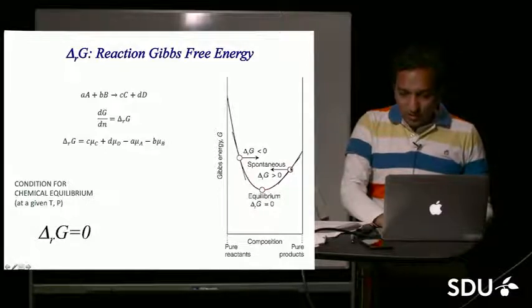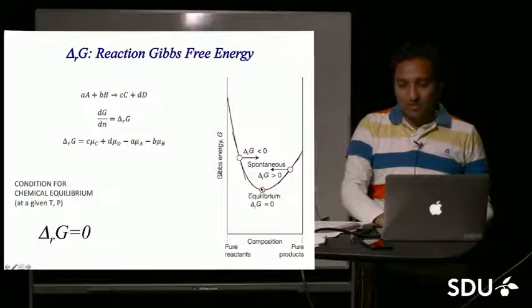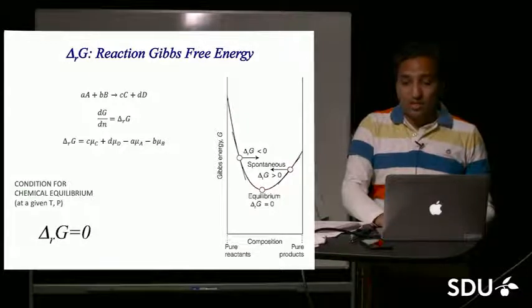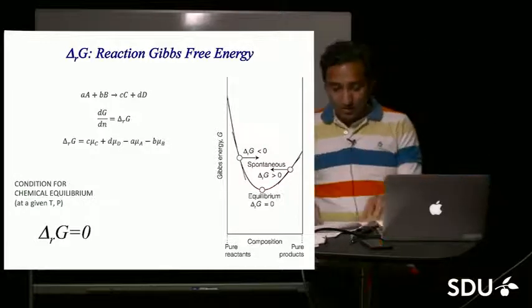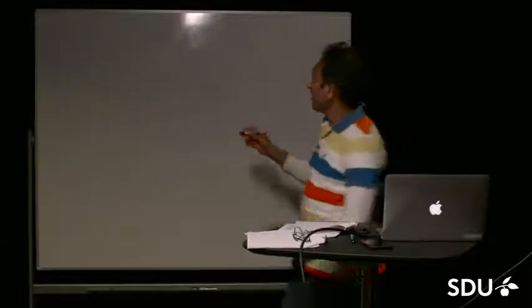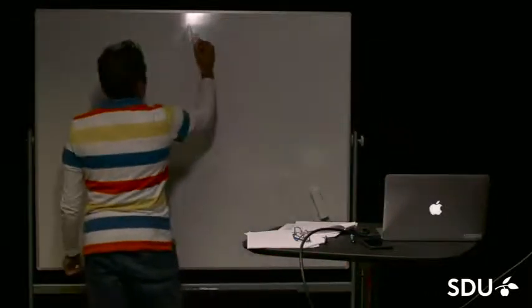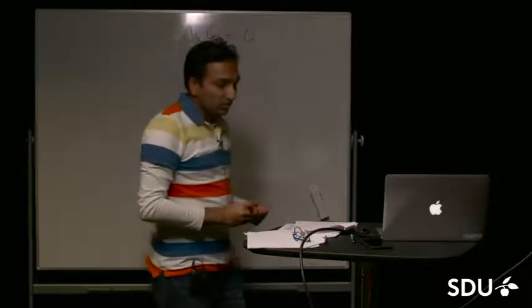At this point, the slope is positive, and again the reaction will now go towards the reactants. At this point, the slope is 0, and the total reaction Gibbs free energy is 0, and this is the definition of chemical reaction equilibrium. So, the definition is that the total reaction Gibbs free energy is equal to 0 at equilibrium.